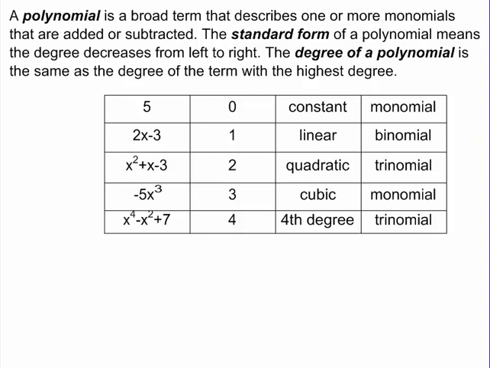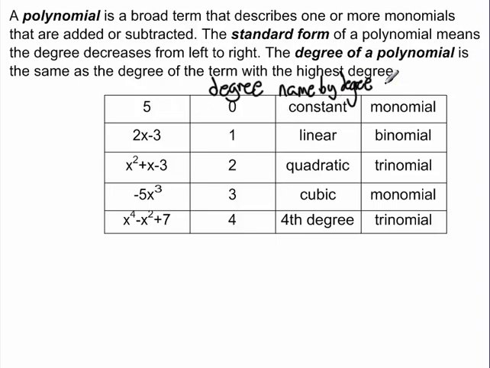First ones we have the monomial. Okay, single term. Okay, we can tell there's no variable, so the degree is 0. Okay, this is the name by degree. Okay, and you've heard us call that a constant before. If there's no variable, then it's a constant.